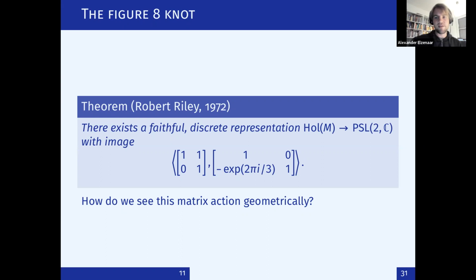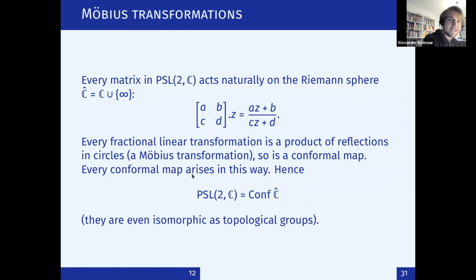And if you take the complex plane and compactify with a point at infinity, you get the Riemann sphere. So these matrices should be acting on the Riemann sphere. And indeed, this is what the action is. They act as fractional linear transformations. This only defines it for z in C, but if you take limits, you can define it for z equals infinity as well.